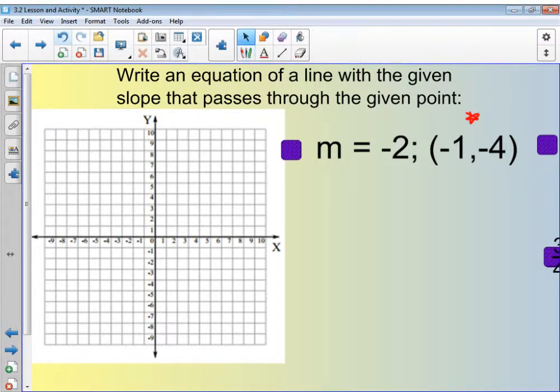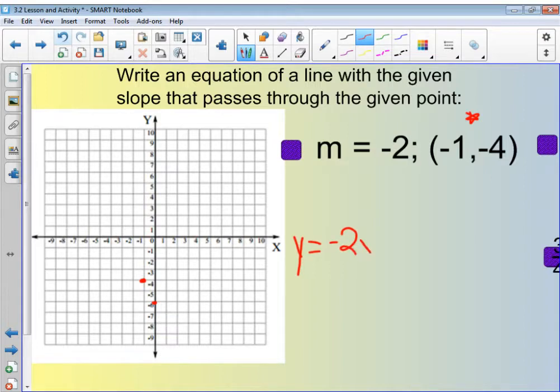So go ahead and pause your video and work through this, graphing this line and writing the y-intercept equation. You should have gotten y equals -2x minus 6.